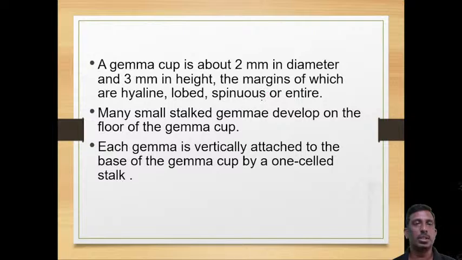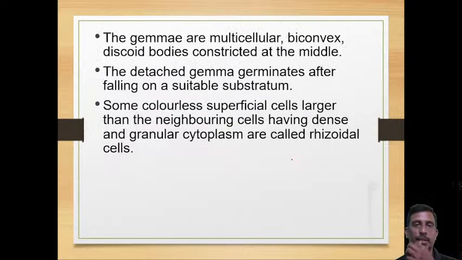So each gemmae cup, okay, the gemmae are formed on the floor of the gemmae cup, and they are attached vertically to the gemmae cup by a one-cell stalk. Stalk is one cell. Okay. And gemmae are multicellular, disc shaped. So when they fall on a suitable substratum, they will germinate and form a new one.